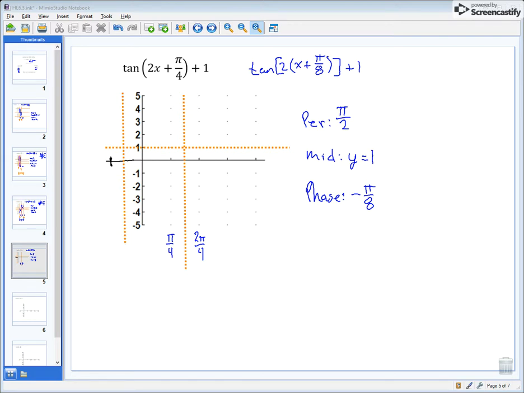Now from here, we are going to graph our tangent line, but let's first label where we started and where we ended. So we started over here at negative pi 8. So if we take negative pi 8 and we add in pi halves, so that'd be 4 pi 8 minus 1, so that's 3 pi 8 is where we ended right here.